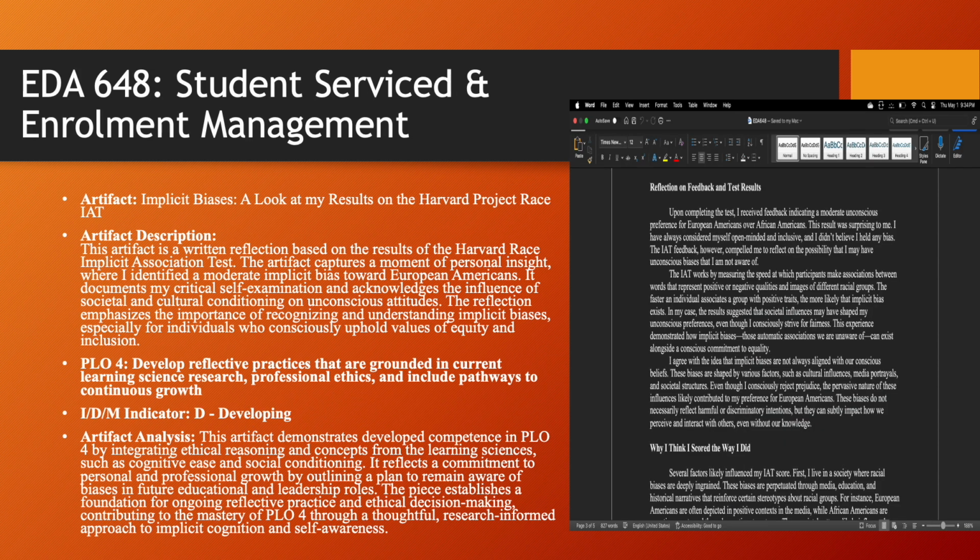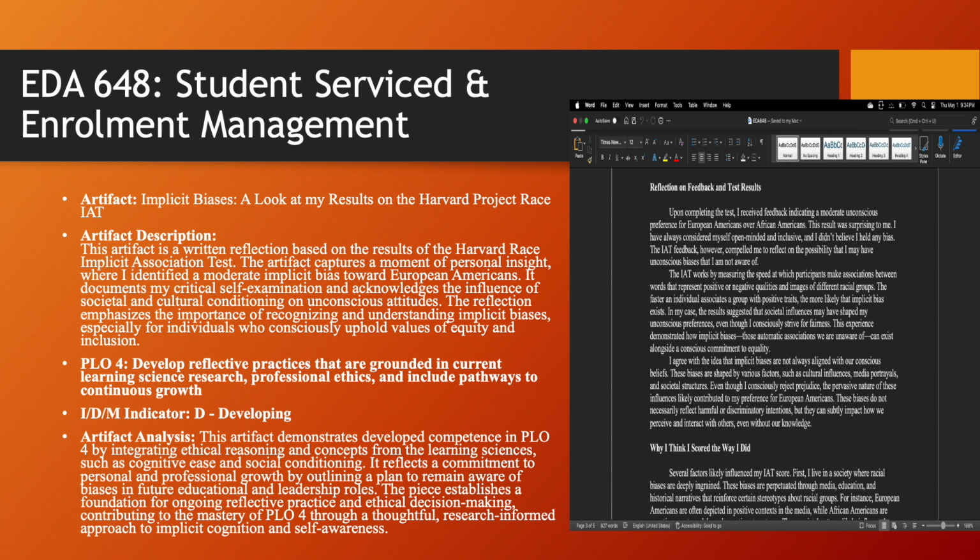Moving on, the next artifact comes from EDA 648. This artifact is an essay on implicit biases. It's a look at my results on the Harvard Project Race IAT. This artifact is a written reflection based on the results of the Harvard Race Implicit Associations test. It captures a moment of personal insight where I identified a moderate implicit bias towards European Americans.